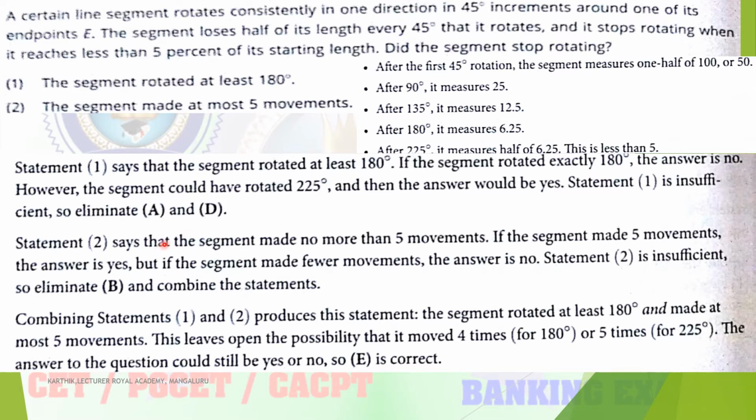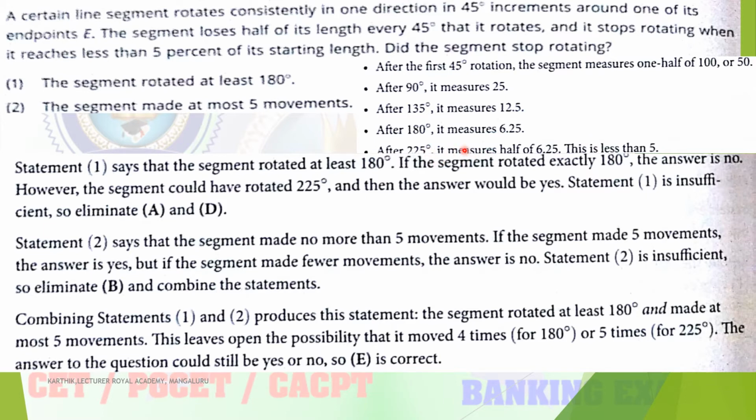Go for the second statement. The second statement tells that it made at most 5 movements, so no more than 5 movements. So 1, 2, 3, 4, 5, a total of 5 movements is possible. If it is the fifth movement, then your answer is yes, less than 5%.